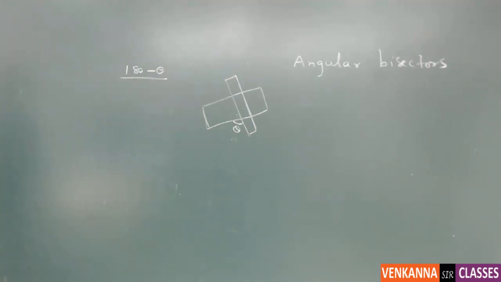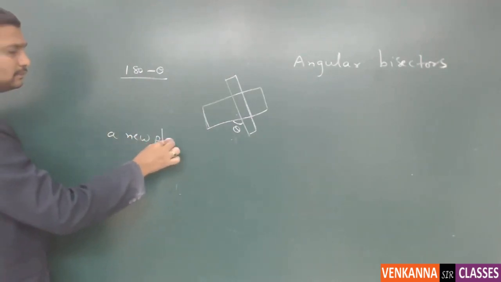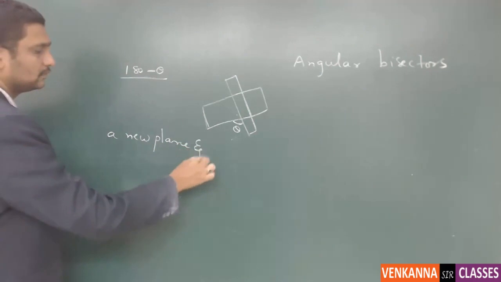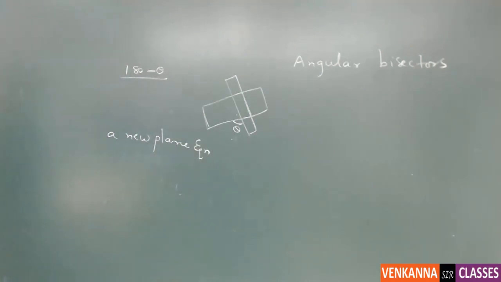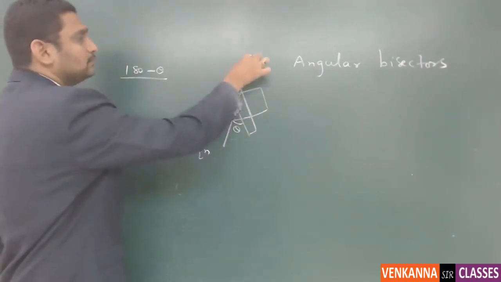So we are going to get a new plane equation which has the property that it bisects the angle.